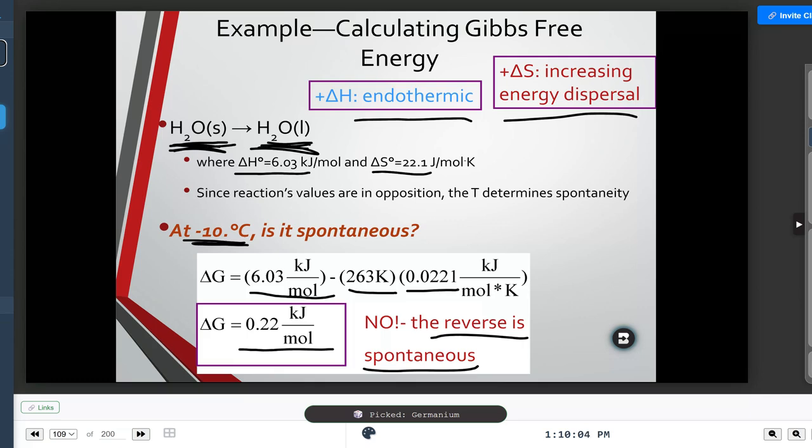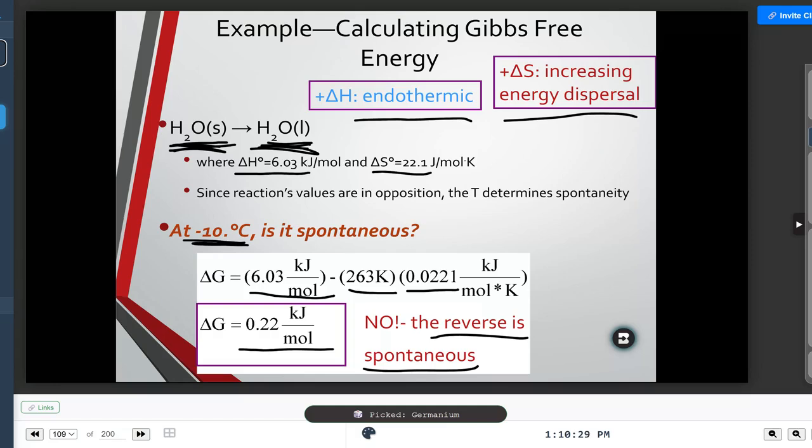And so that's why the temperature, in this case, that negative 10, is determining whether or not this is spontaneous or not. And the fact that you can look at the mathematics of this and see if ice is melting, not just because of a temperature, but because of what happens with energy and how the world works with regard to Gibbs free energy, you got to admit, that's pretty beautiful.